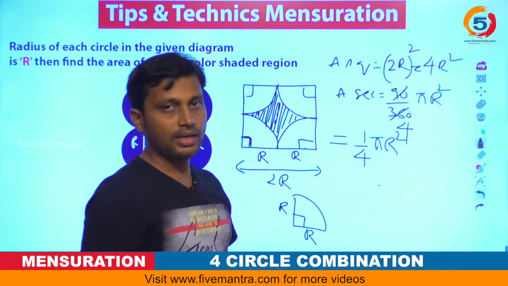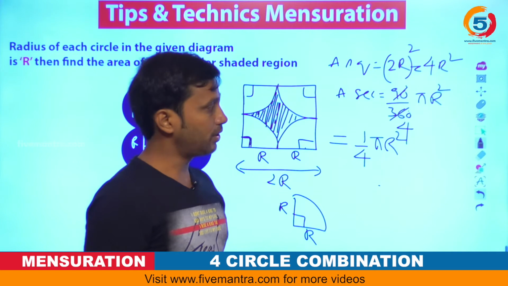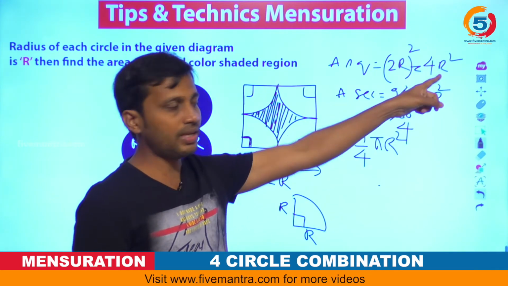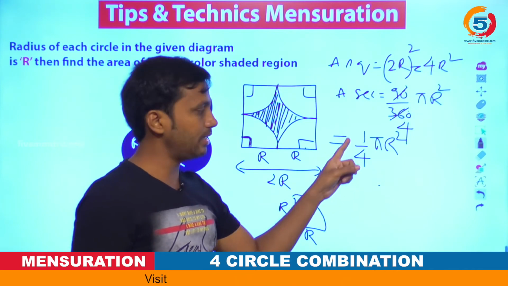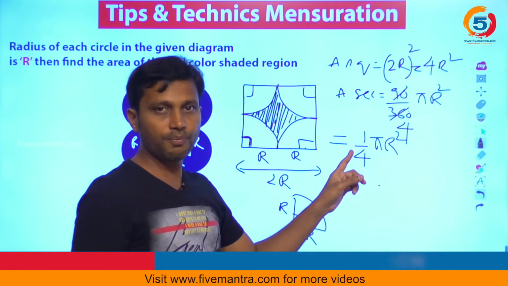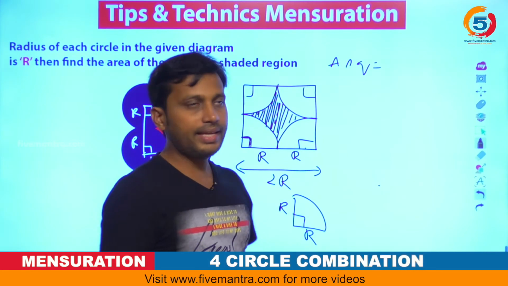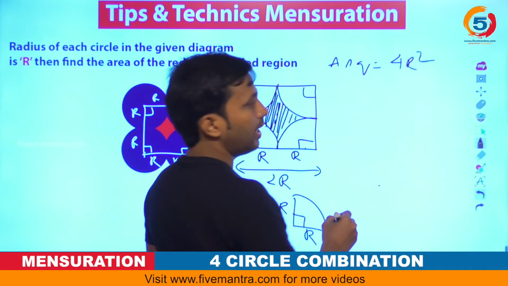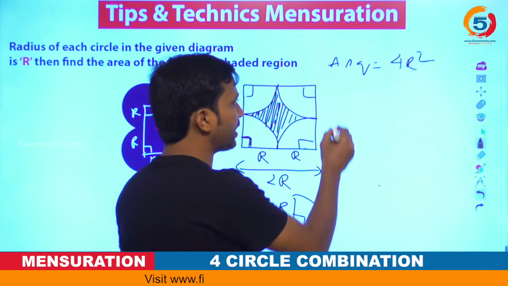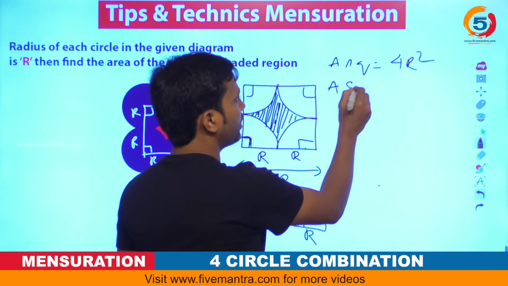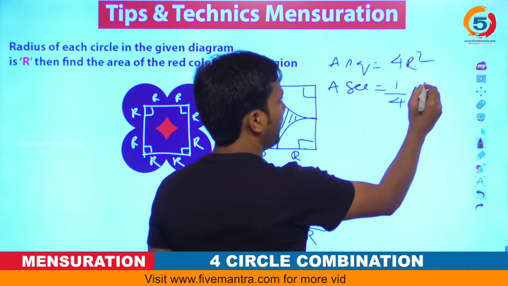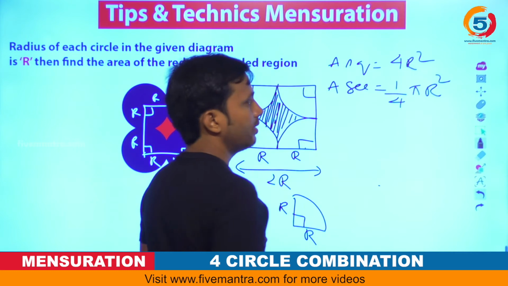Now tell me, what we obtained finally: area of the square is 4r square and area of each sector is 1 by 4 pi r square.